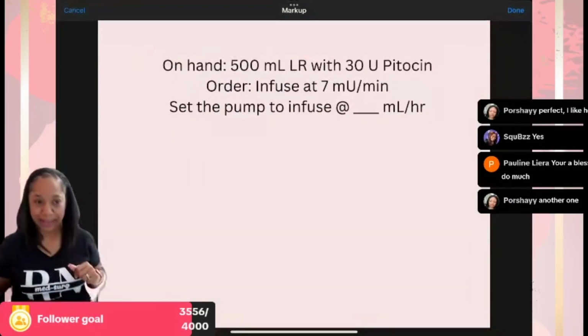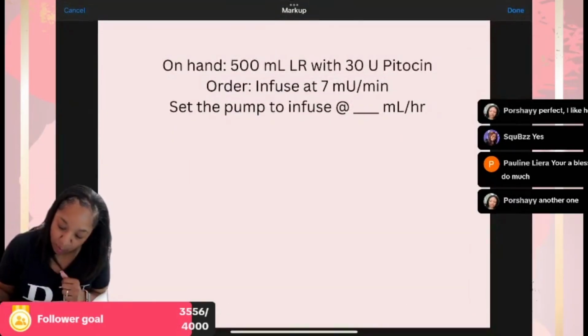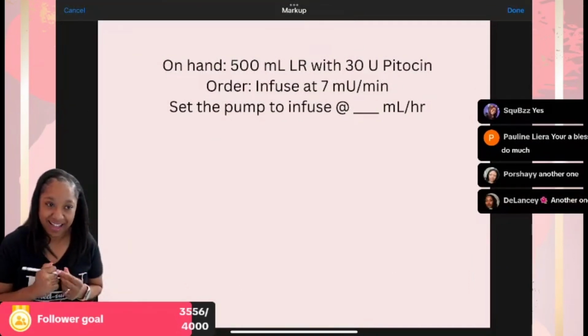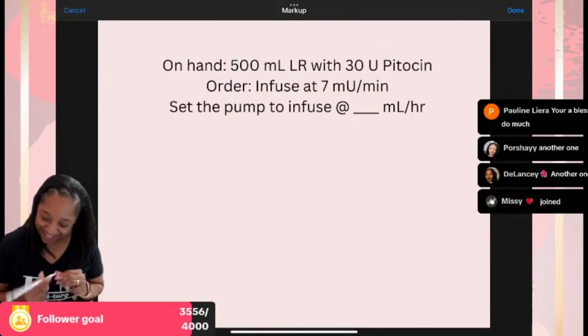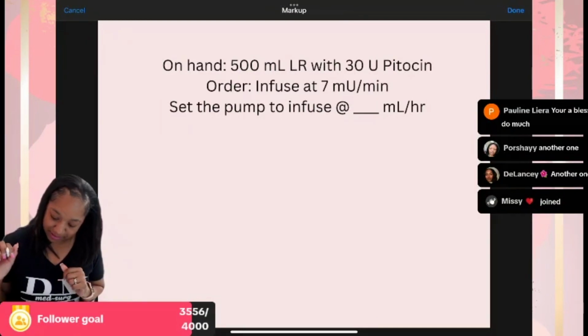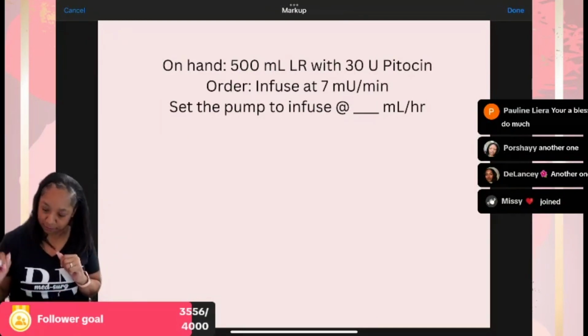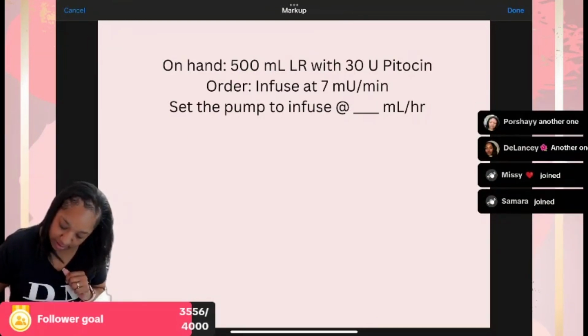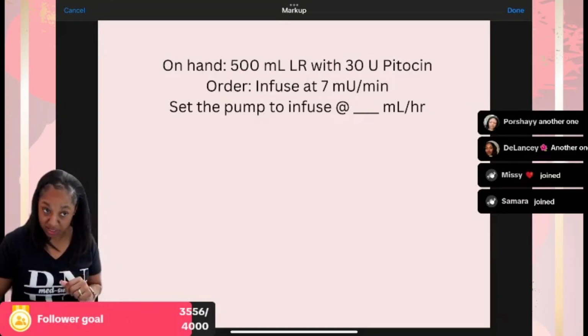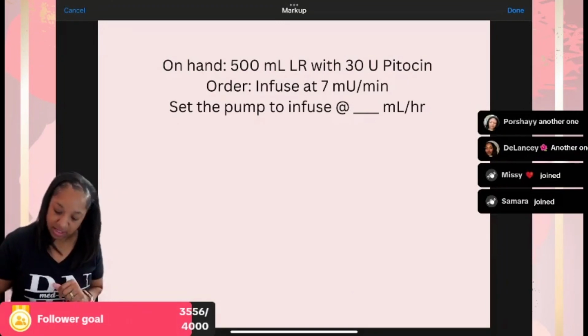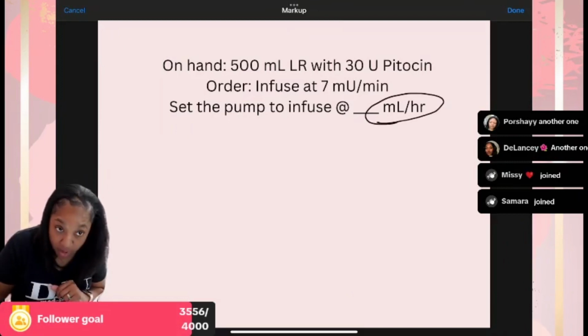Let's see. On hand, 500 milliliters lactated ringers with 30 units of Pitocin. Infuse 7 milliunits per minute. Set the pump to milliliters per hour. So this is what we're looking for.